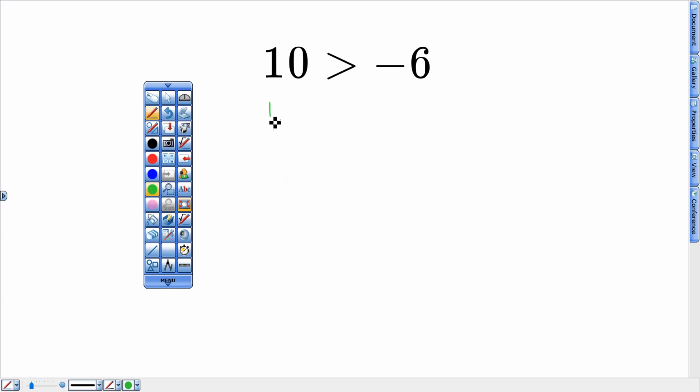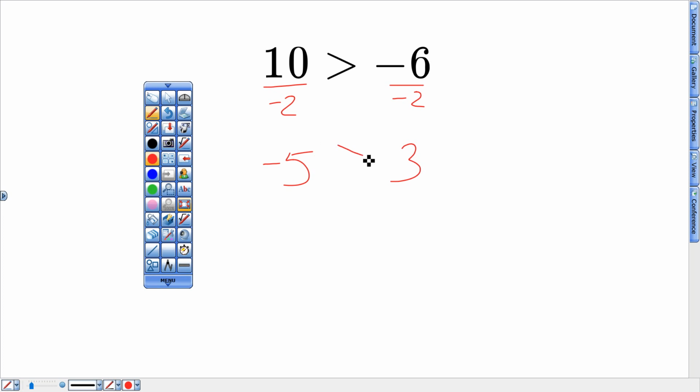I could add any number I want to both sides, and that makes that inequality still stay true. I could divide by positive numbers, any positive numbers I want, and that inequality still stays true. But things that make it not true anymore are when I times or multiply by a negative number, because when I do that, that 10 that used to be positive now becomes negative, and that -6 over there that used to be negative now is +3.